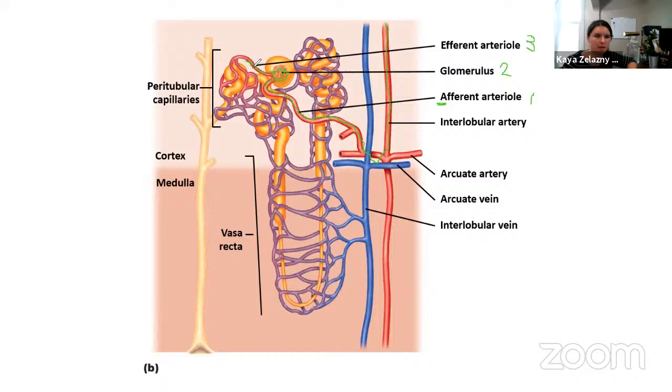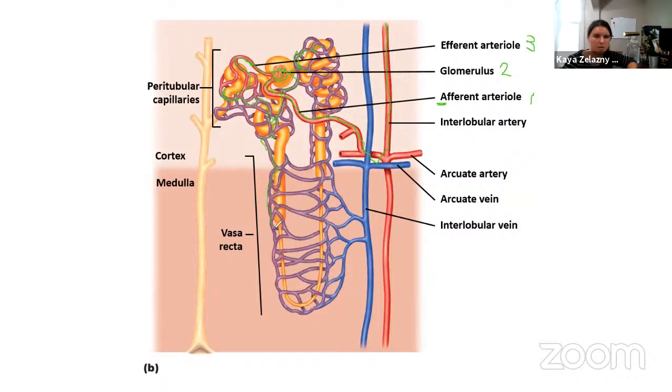All right, and then we're going to see that it gives off capillaries. So these are our peritubular capillaries. So we have a capillary bed here surrounding our distal convoluted tubule. We can see it's connected to a capillary bed surrounding our proximal convoluted tubule. And we also have more blood vessels, kind of capillary bed here as well, right?